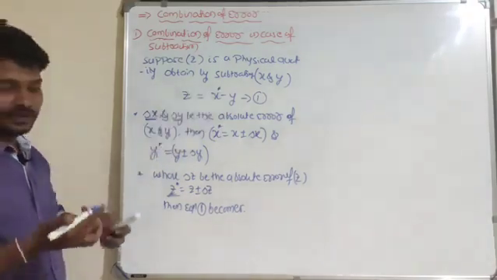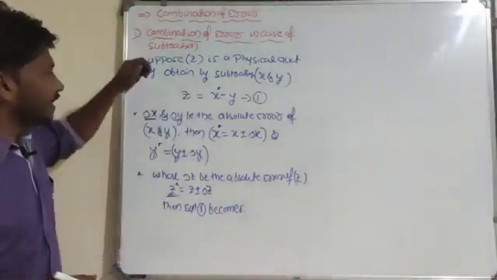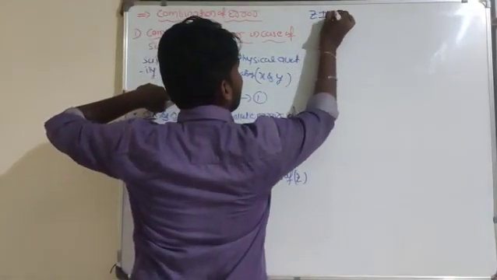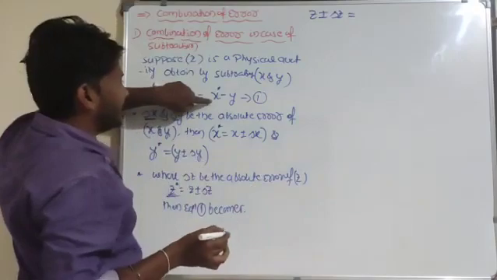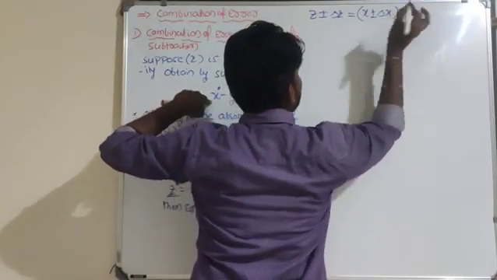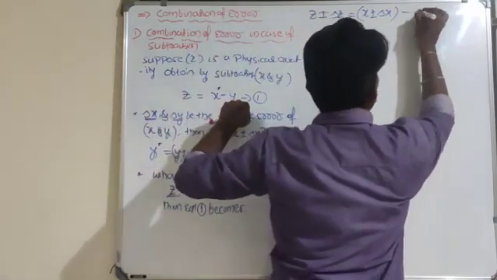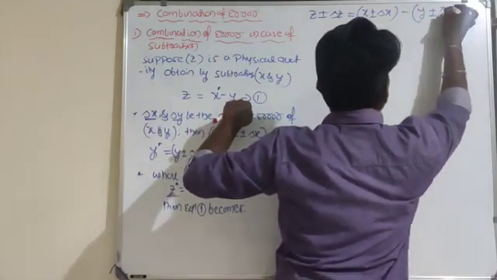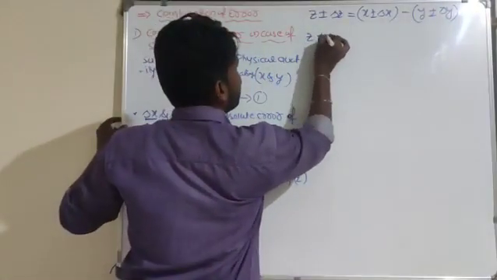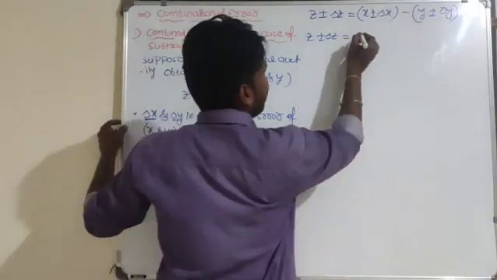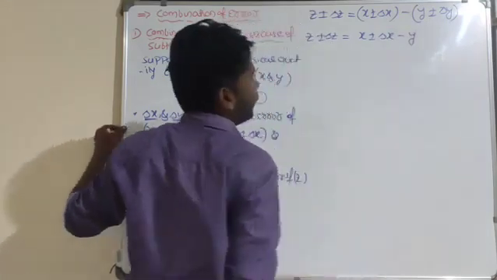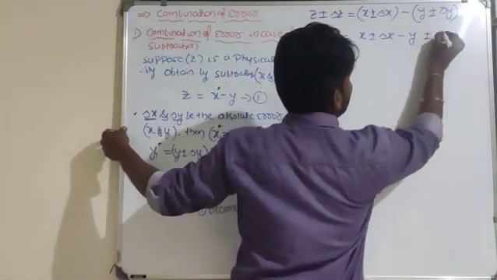Then equation 1 I can rewrite as, so look at here, wherever z is there, z plus or minus delta of z, and wherever x is there, x plus or minus delta of x, minus y plus or minus delta of y here. So now I have to simplify this equation. z plus or minus delta of z is equal to x plus or minus delta of x minus y plus or minus delta of y.